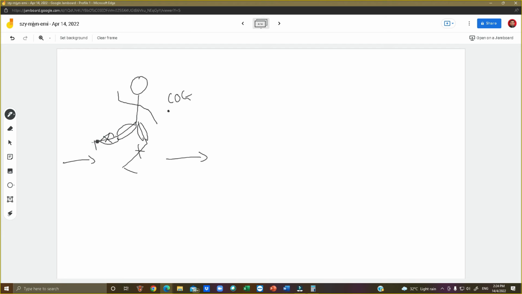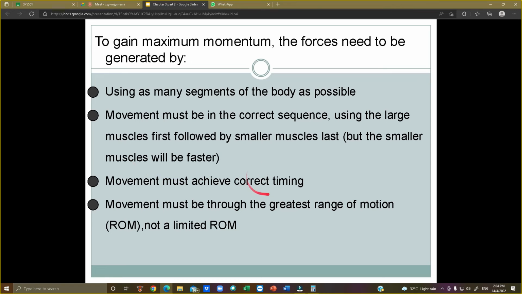Sampailah kita nak control accuracy, and then only kita akan control your feet. Okay, and then this movement need to be in sequence. Ada sebut correct timing.